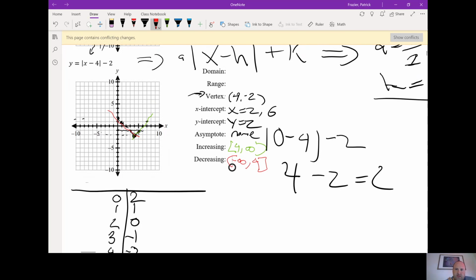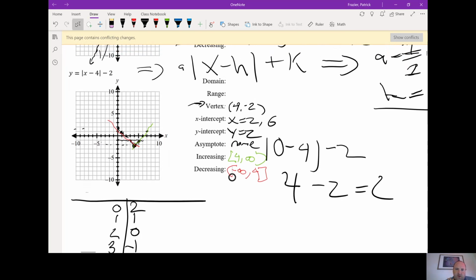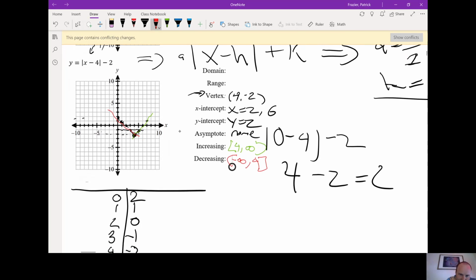And then as far as the range, going up, we go as high as positive infinity in this direction.